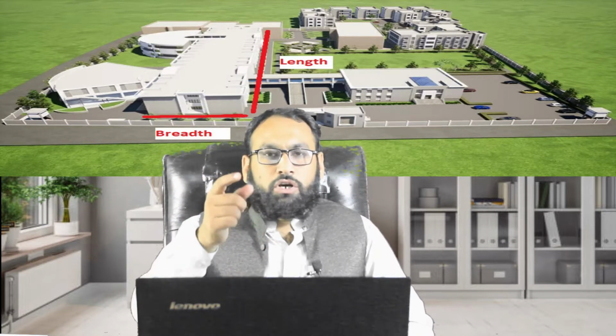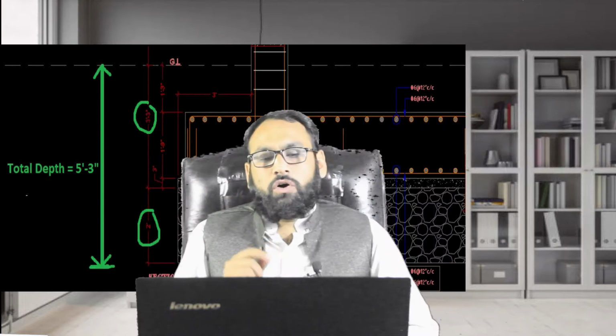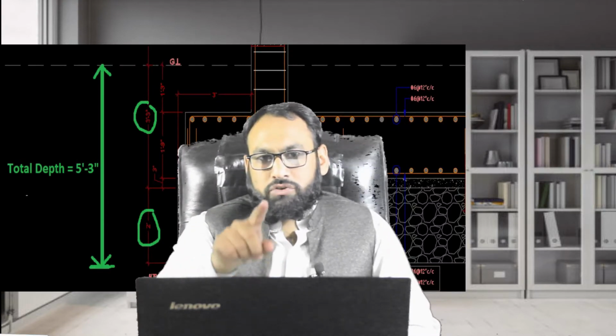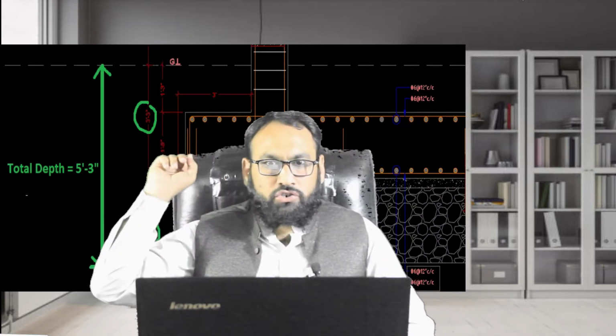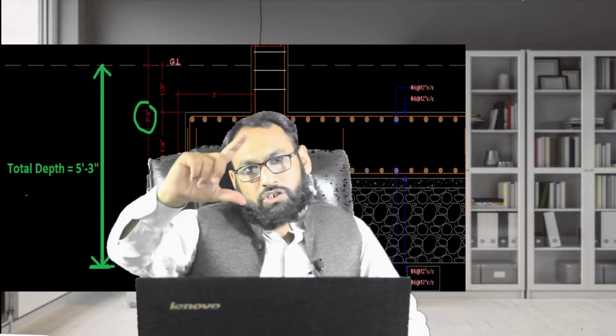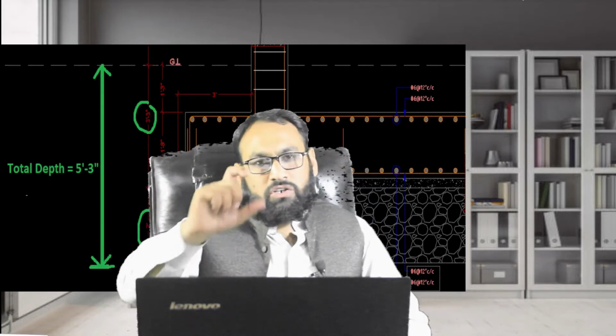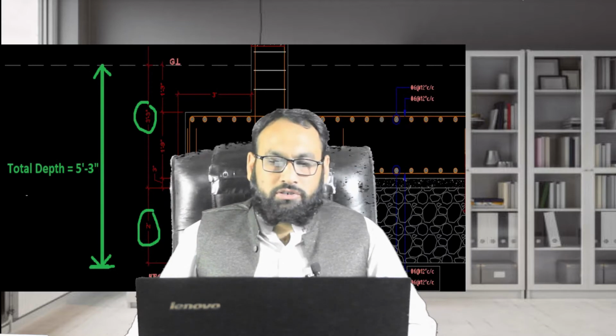As you are watching in the drawings, the total depth of this excavation is 5 feet and 3 inches.